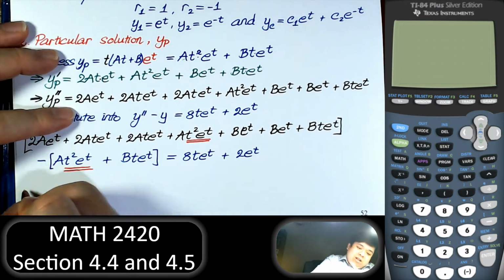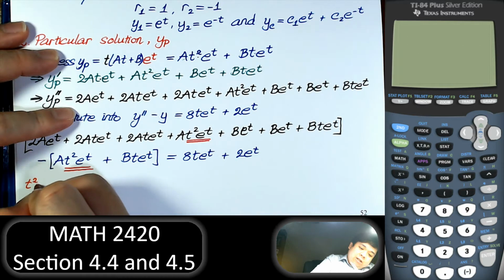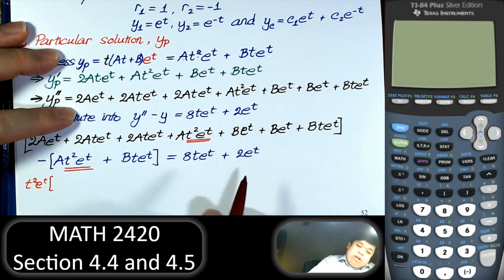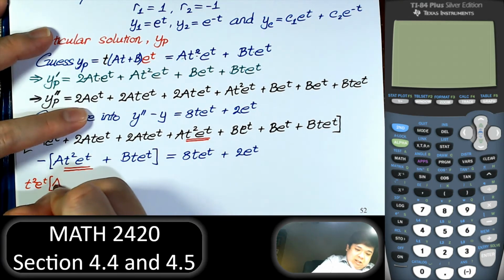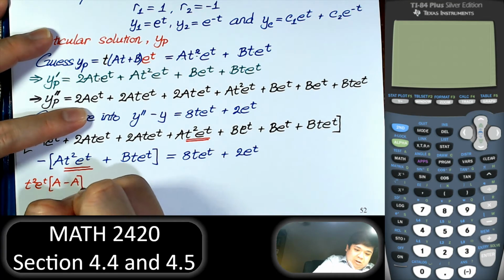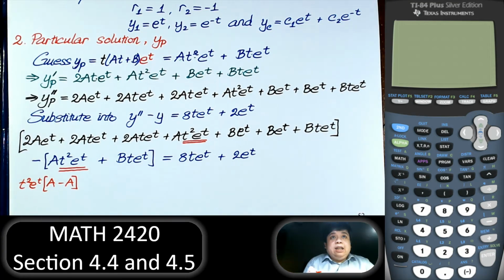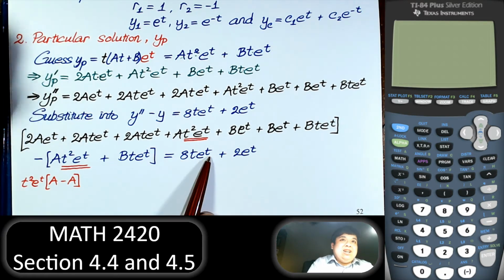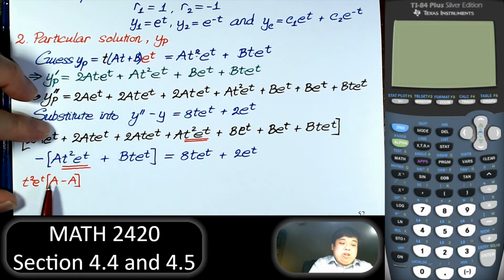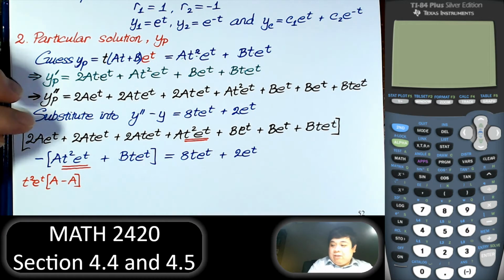So factor out t squared e to the t. Inside, what do we have? There's an a and there's a minus a. So that takes care of t squared e to the t. Of course, that's just 0, which is the same thing on the right hand side. So we're supposed to have 0 here, which is what we have, which is good.